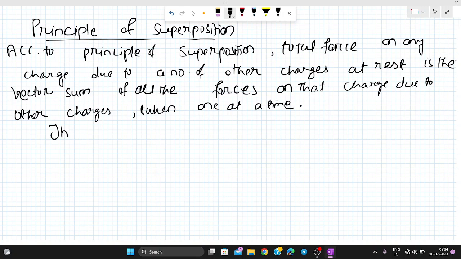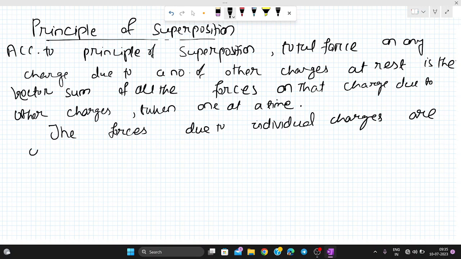The forces due to individual charges are unaffected by the presence of other charges.